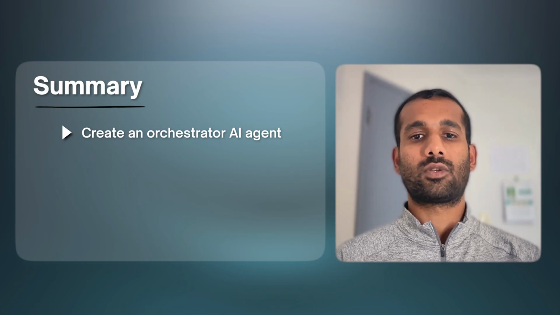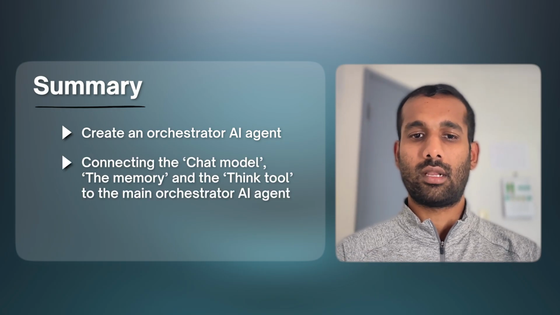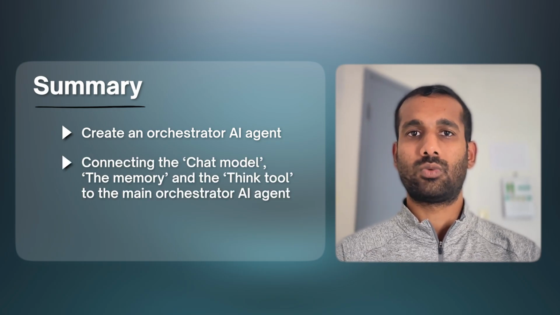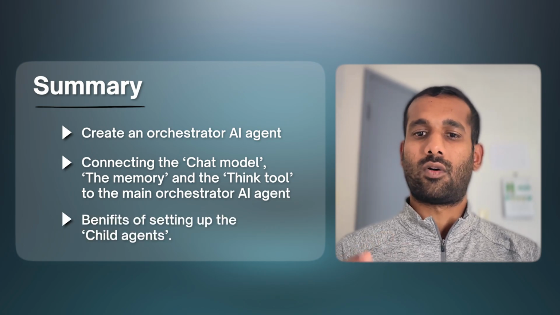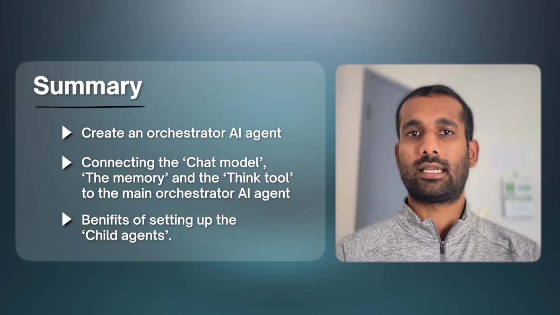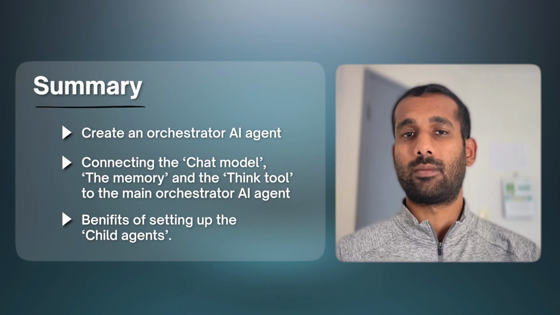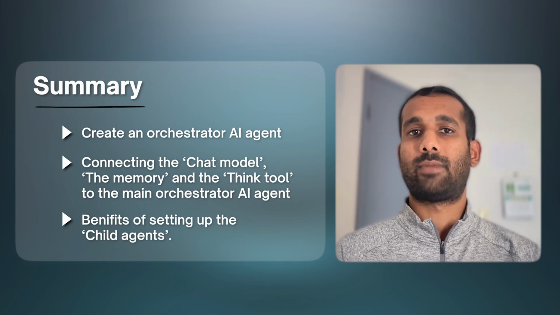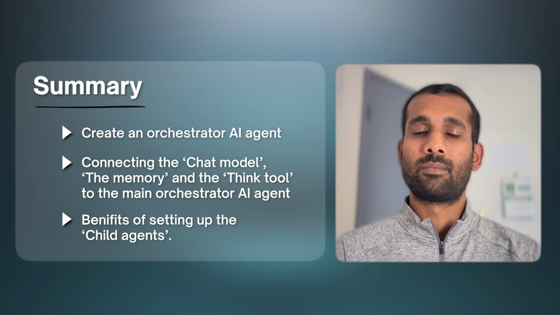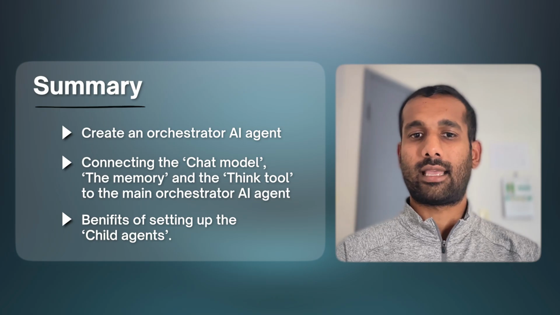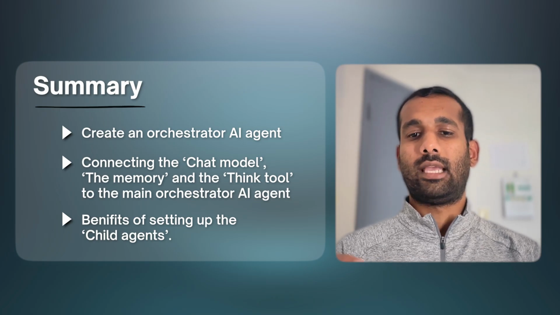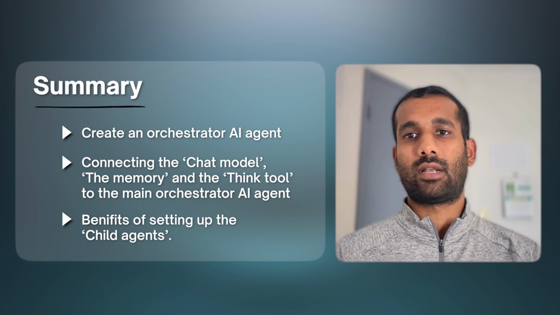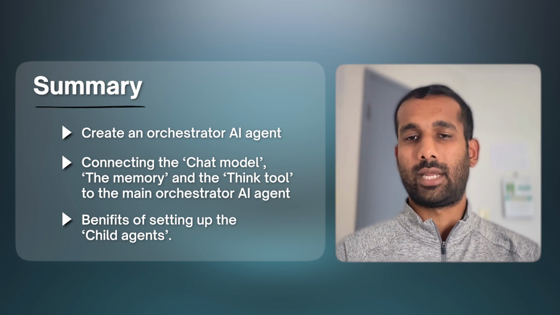Then we also saw how to connect the chat model, the memory, and the think tool to our main orchestrator agent, and what the benefits are of setting up these child agents to make them reusable components. It also allows better error handling and debugging, and it makes this agent look a lot cleaner. And then we have our very specific workflows inside the sub agents.